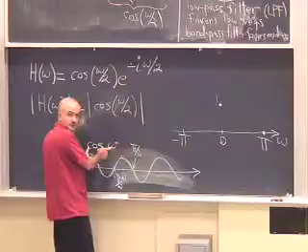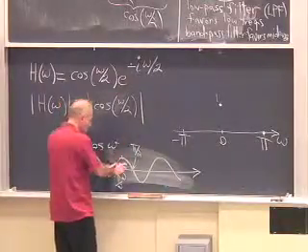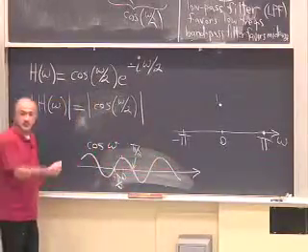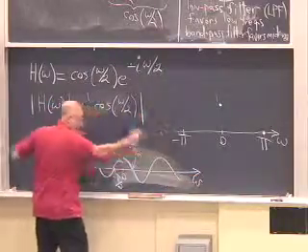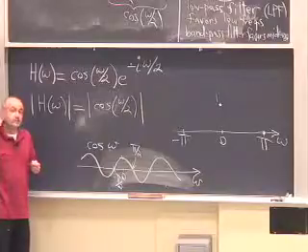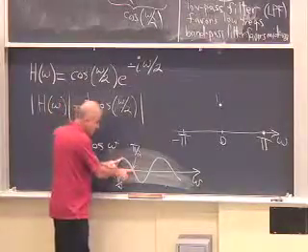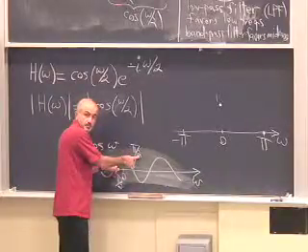If I were to plot cosine omega over 2, again without the absolute value, what would it be like relative to this curve? Am I compressing it along the omega axis or stretching it? Stretch. So the first 0 crossing, instead of it being at pi over 2, is going to be now at what?